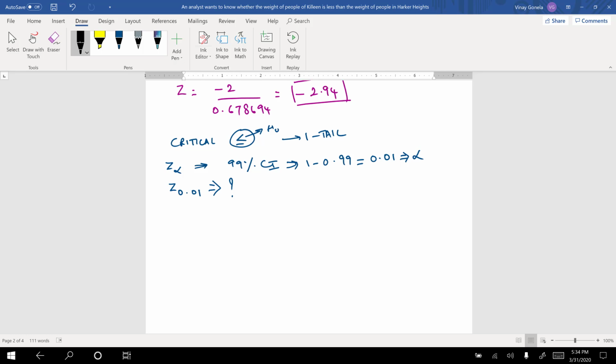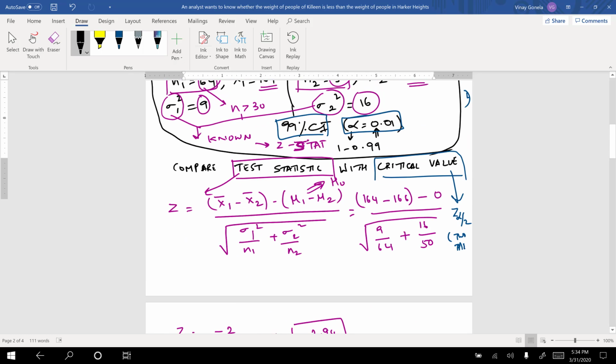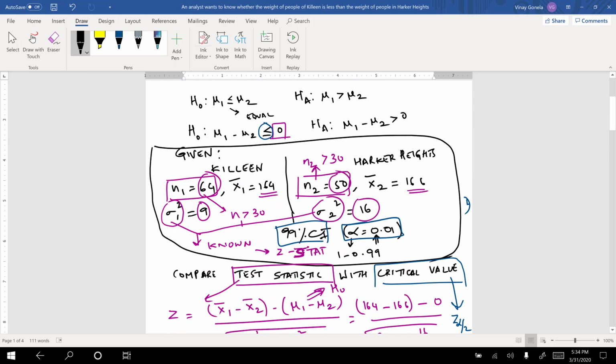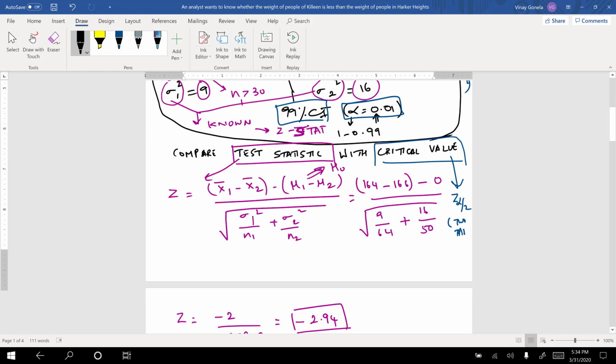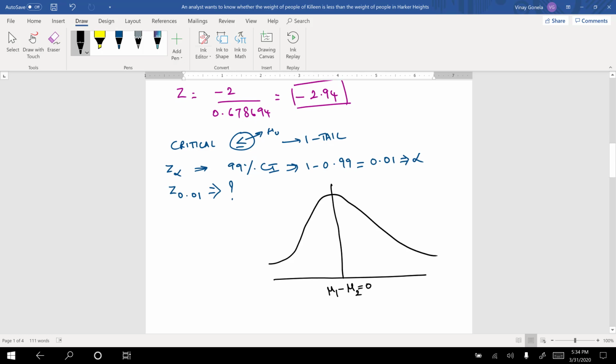the normal curve. Again, this curve represents H null. So this is mu1 minus mu2 is equal to 0. Our H null says mu1 minus mu2 less than or equal to 0.